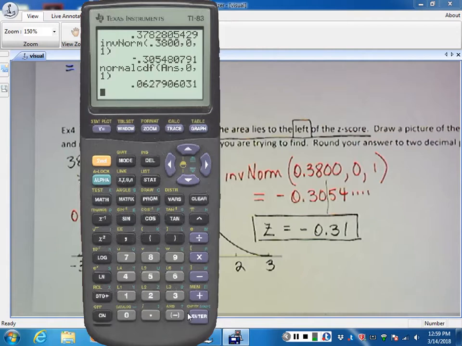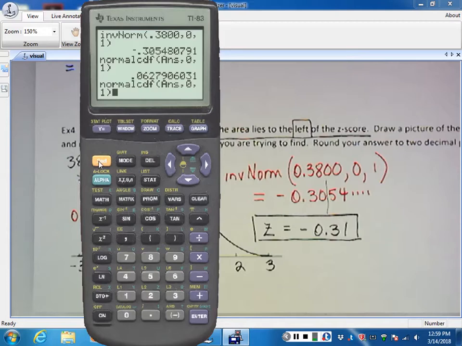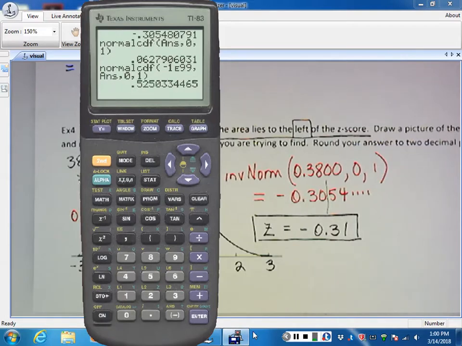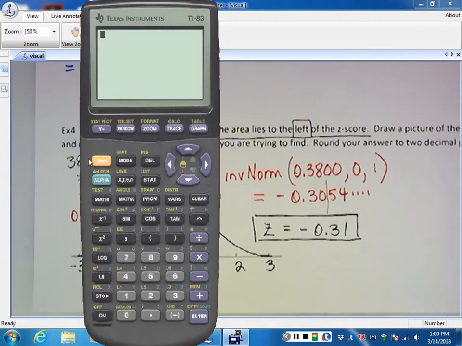Oh, sorry. That won't work. I forgot to put in the negative infinity. Because I have to go from negative infinity up to that answer, which is a z-score. Now what did I do? Oh, because I changed the answer. Hang on. That's the hazard of using answers.